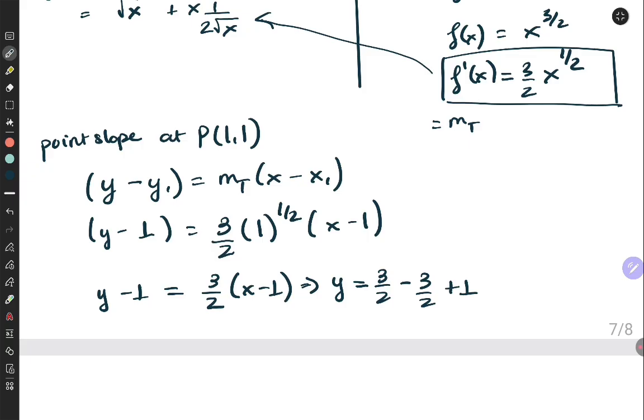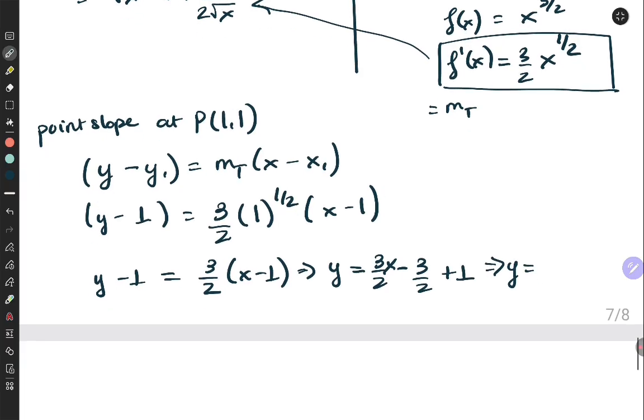Distribute the 3/2, minus 3/2, and then plus 1 on both sides. Oh, missing the x, thank you. Negative 3/2 plus 1 is negative 1/2. So this is the tangent line.